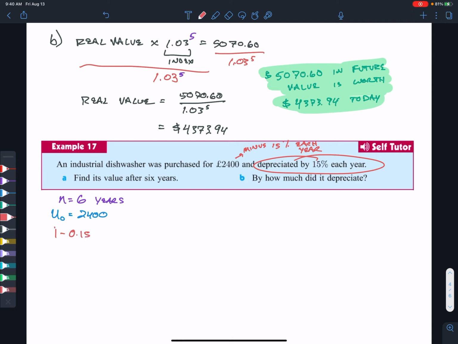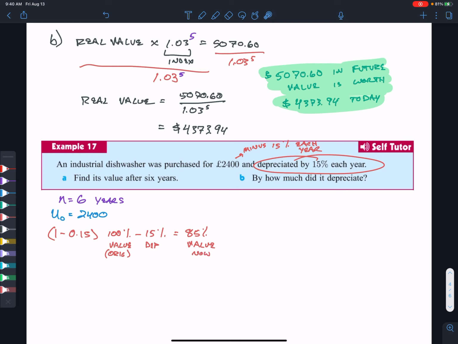So that's basically me saying 100% of the value minus 15% depreciation is equal to 85% value now, right?